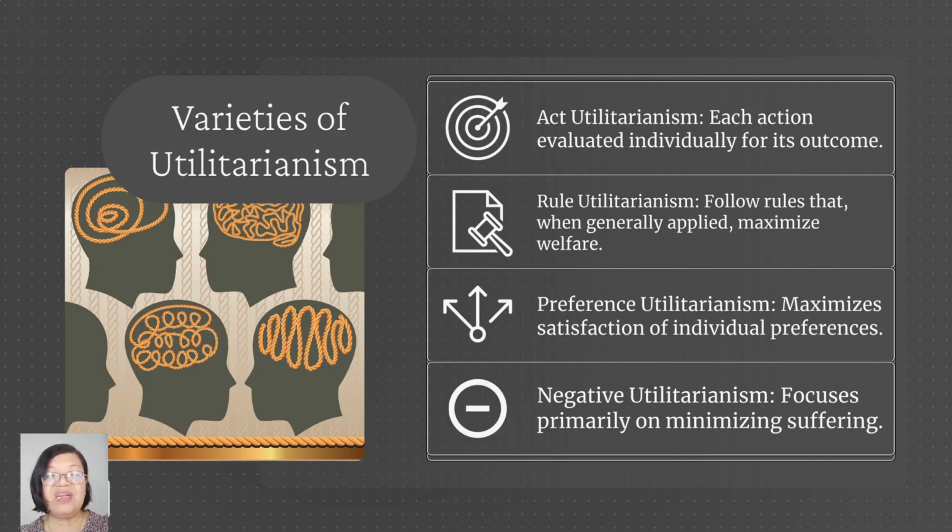Rule utilitarianism follows rules that promote overall welfare. This is more predictable and consistent with institutional governance, so we follow those rules. And then in preference utilitarianism, the focus is the maximization of satisfaction of individual preferences.